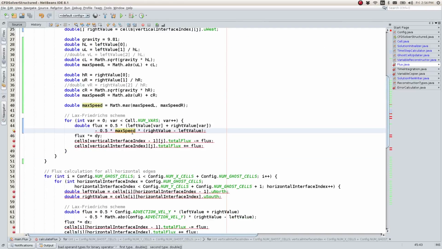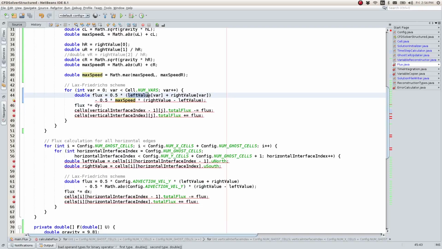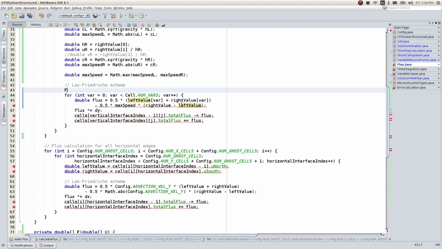So we have now this 0.5 into, now we need the flux here. So we'll have, okay, now let me calculate FL, which will be equal to F of left value, so that's going to be FL.